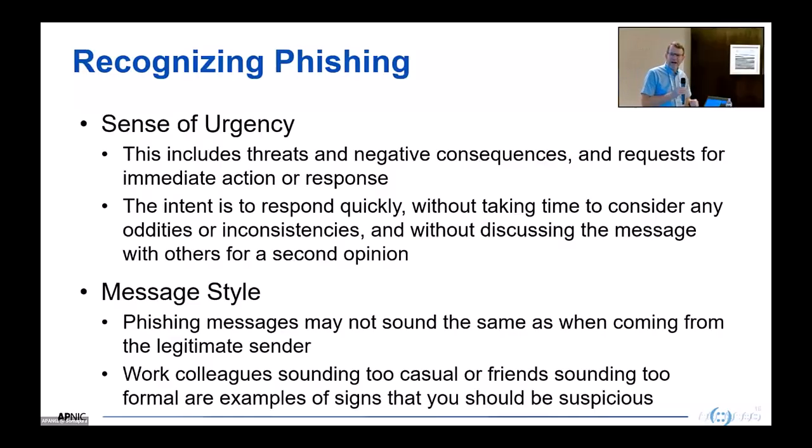Absolutely. So recognizing phishing emails specifically here, they typically will have a sense of urgency. And this too is to engage your short thinking brain. You've got your analytical brain, but using your analytical part of your brain takes energy, takes time, to really go through and think.